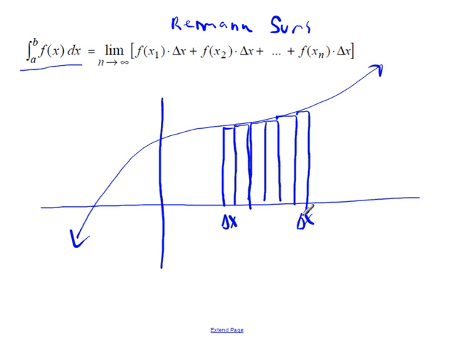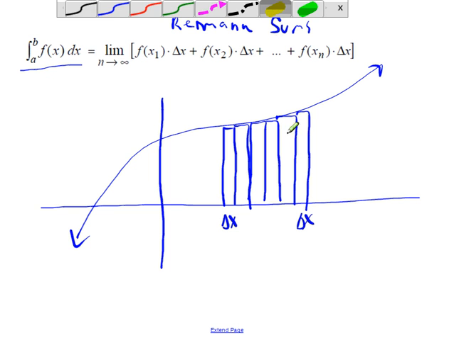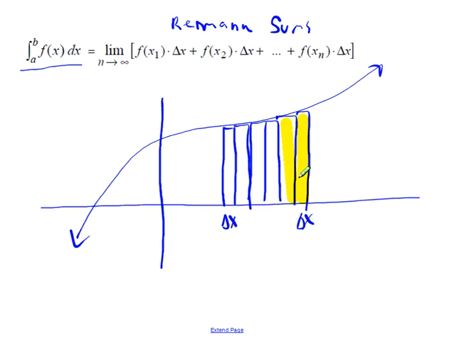A key development in calculus was for us to take lots and lots of rectangles. In other words, let's let the number of rectangles approach infinity. And when the number of rectangles approaches infinity, our estimation of the area becomes exact, and the Riemann sums equals the definite integral. So these are just some key theory ideas that, as we relook at definite integrals, we want to keep in mind.